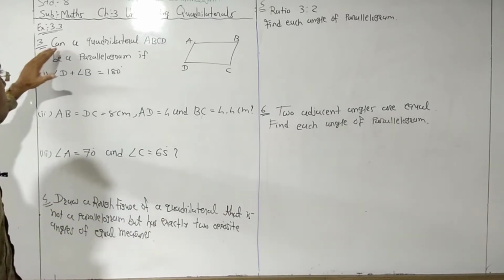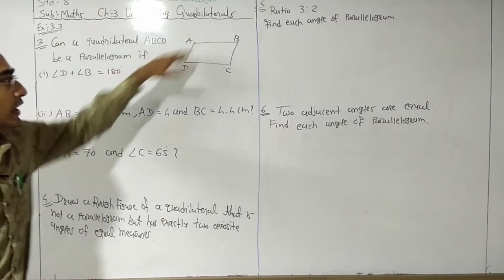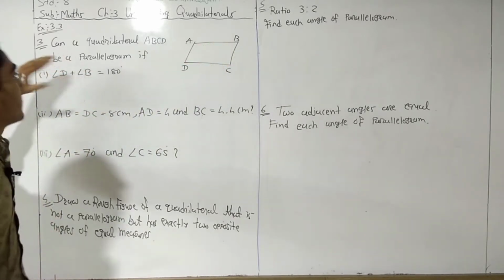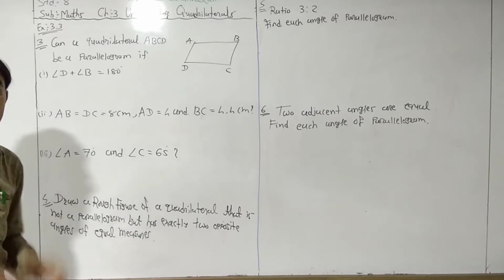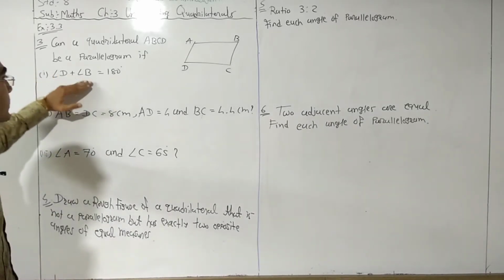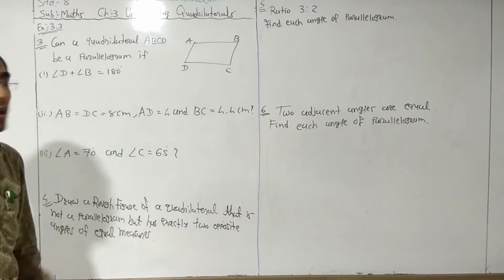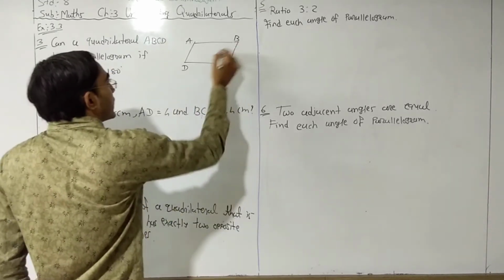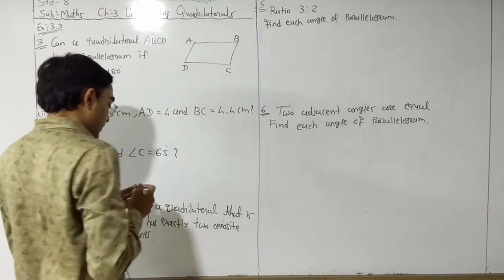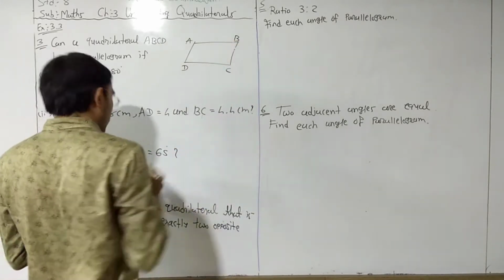Here it is given, can a quadrilateral ABCD be a parallelogram if, first, angle D plus angle B is equal to 180 degrees.